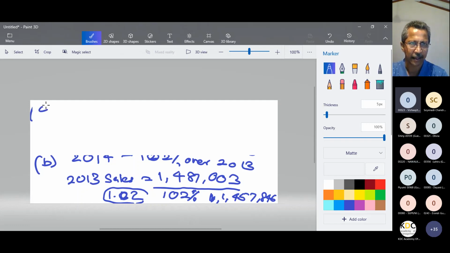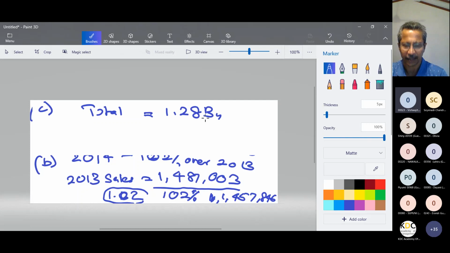C is Calgary total real estate, 1.28 billion, right? Then for ICI, industrial and institutional, the value is 409.6 million. The top one is billion and this is million.